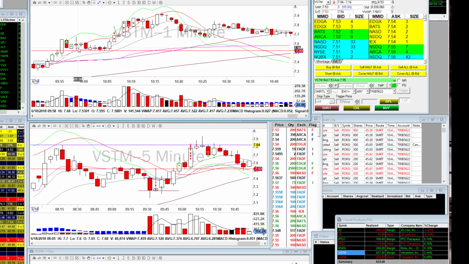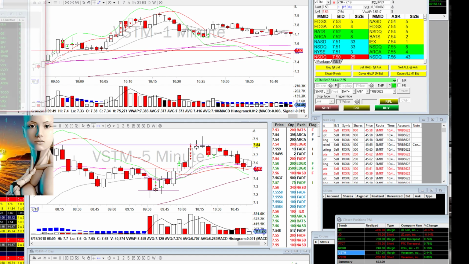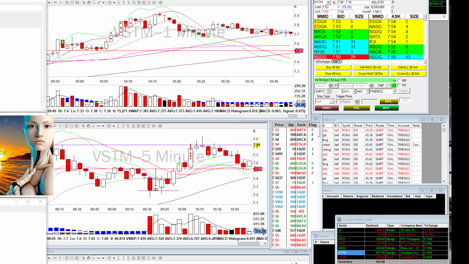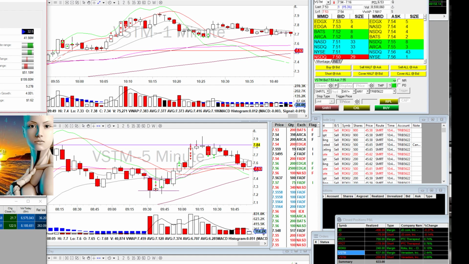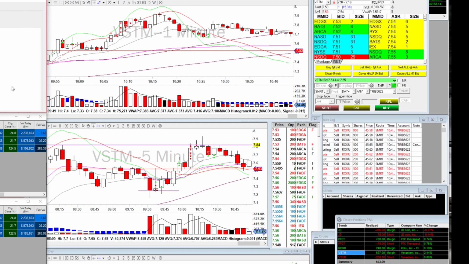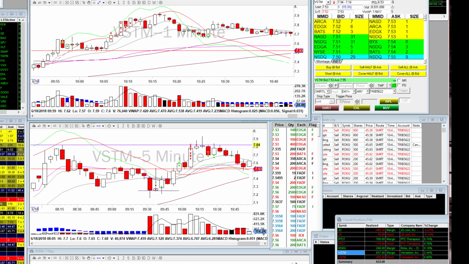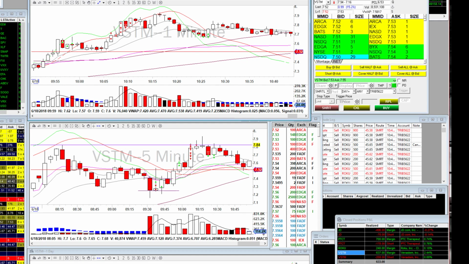And I forgot what the average true range is. Let's look up the average true range for this. It may be a little much if the average true range is small. VSTM. So yeah, the average range is 47, so it's actually not that bad, but it is kind of big for that.